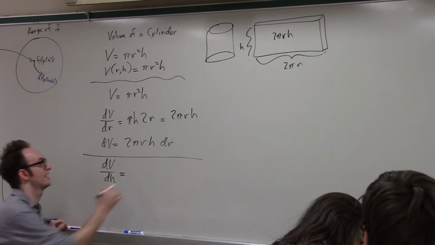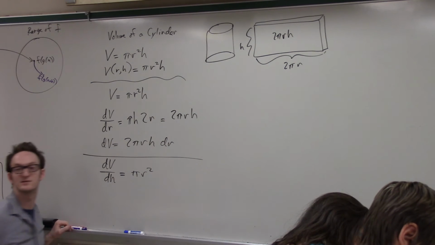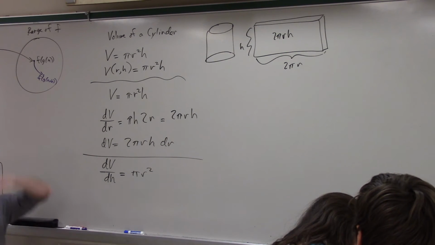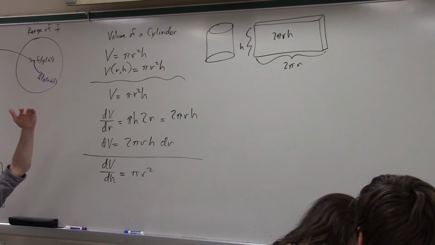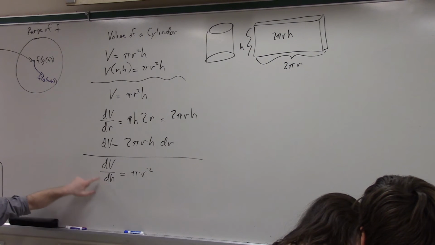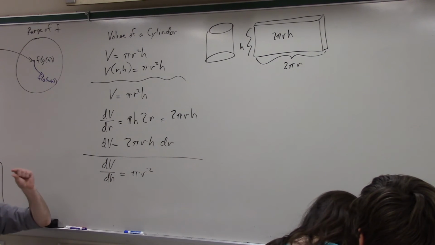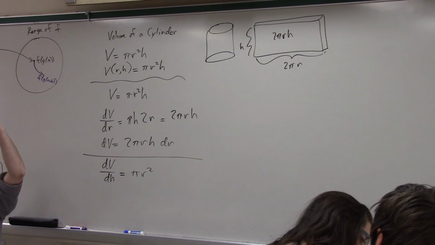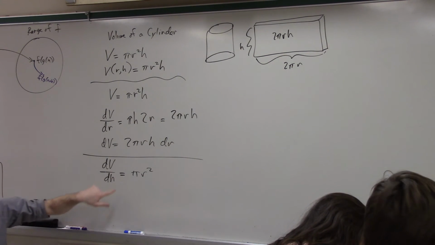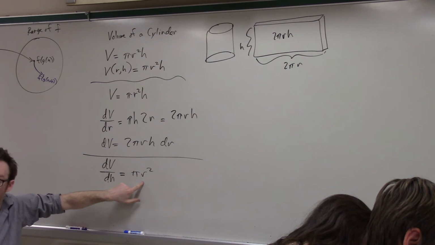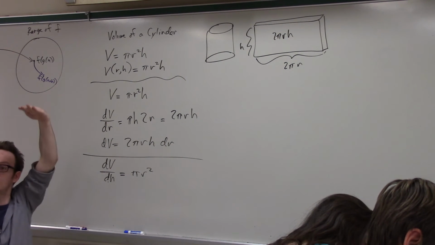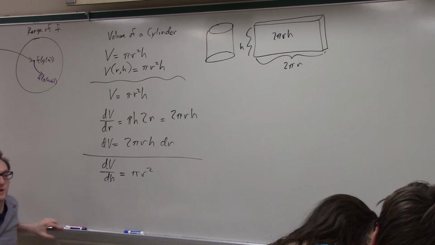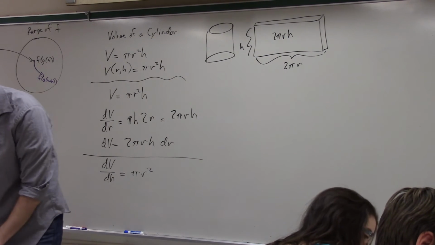Why does that make sense? dV/dh, in other words, how does the volume change with an infinitesimal change in the height? Just throw another CD on top of the CD spindle rack, basically. The rate at which this is growing is the area of the circle, because when you change the height by a little bit, you get another circle. Follow? Okay, so Leibniz notation is awesome.